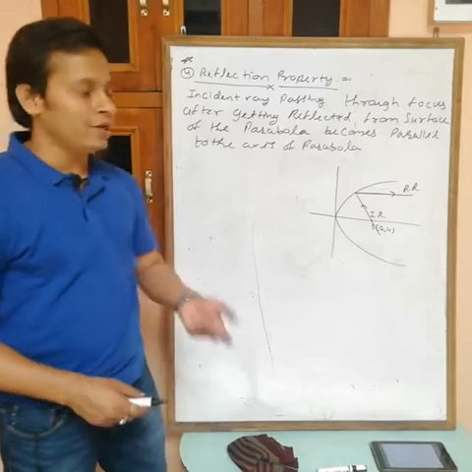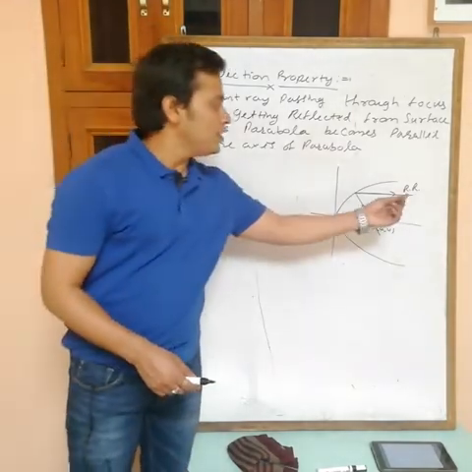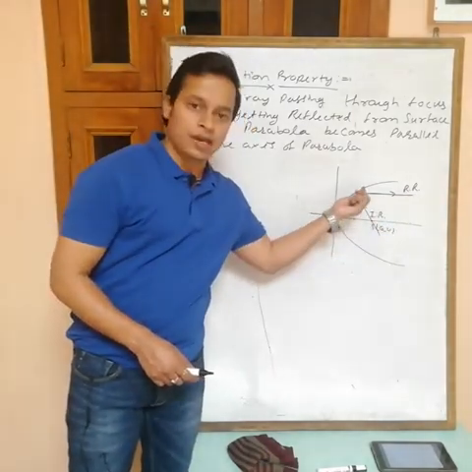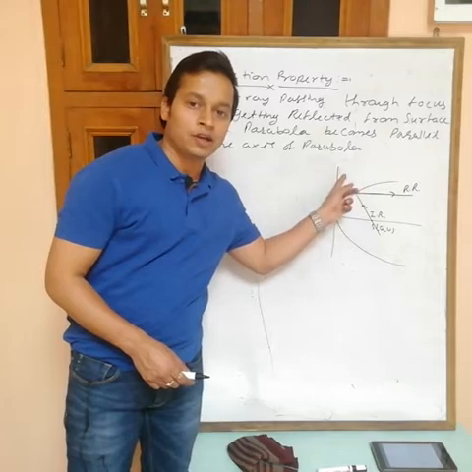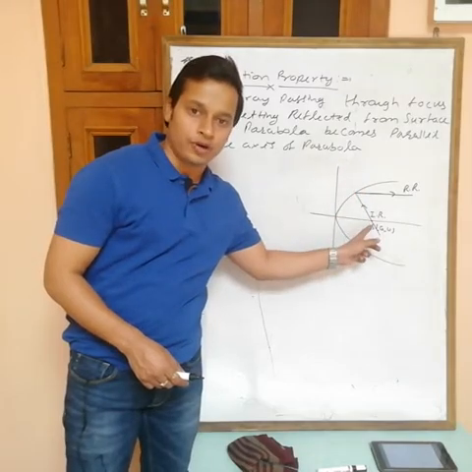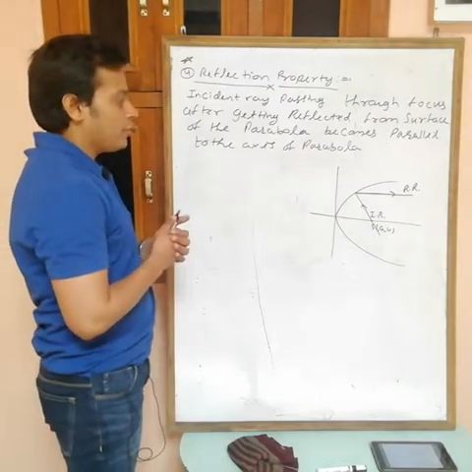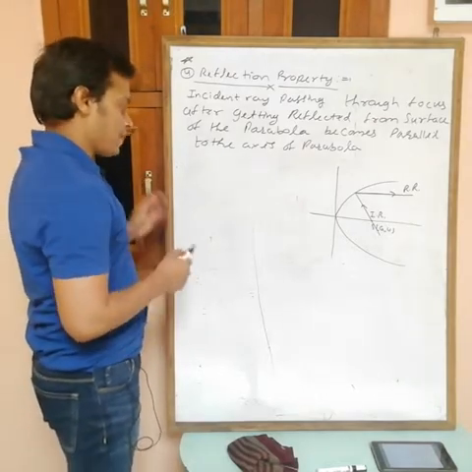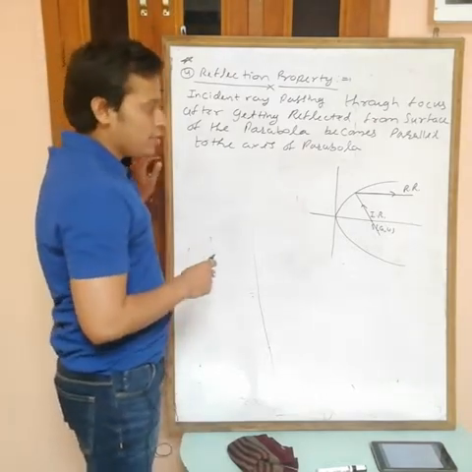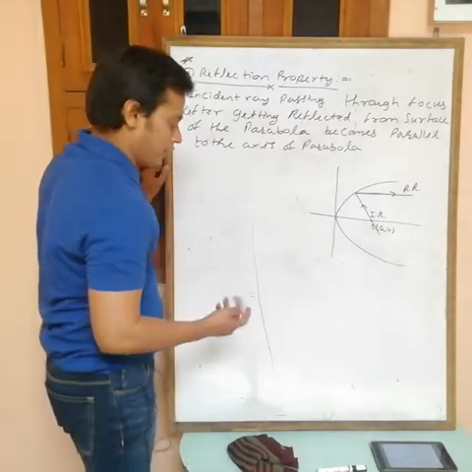Also, in another way you can say that if there is an incident ray parallel to the axis, then the reflected ray always passes through the focus. Now how can I prove this?